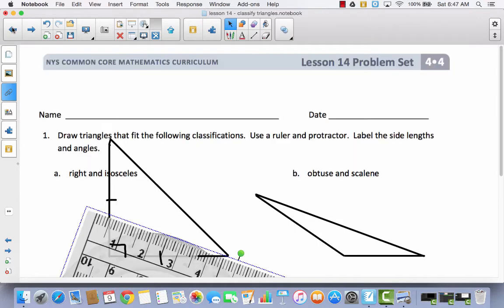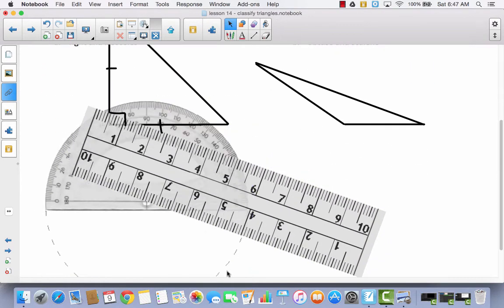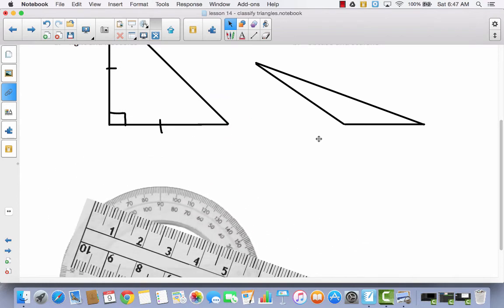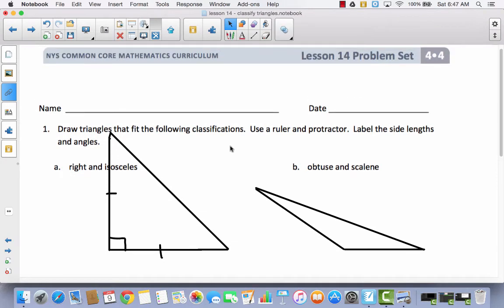All right, so let's go back to A and B. Do you see any lines of symmetry? I do see one of these triangles has a line of symmetry. Can you figure out which one it is? Hopefully you said it was this one. If this side is equal to this side, then we should be able to draw a line of symmetry.